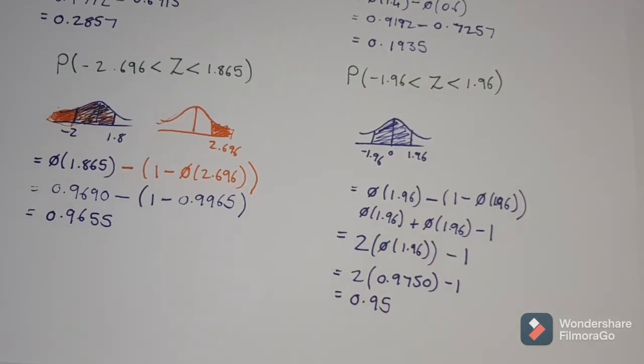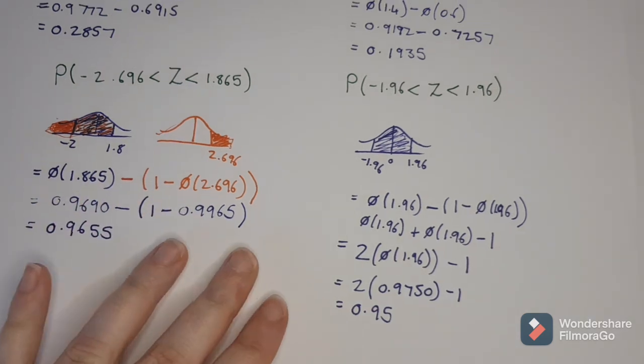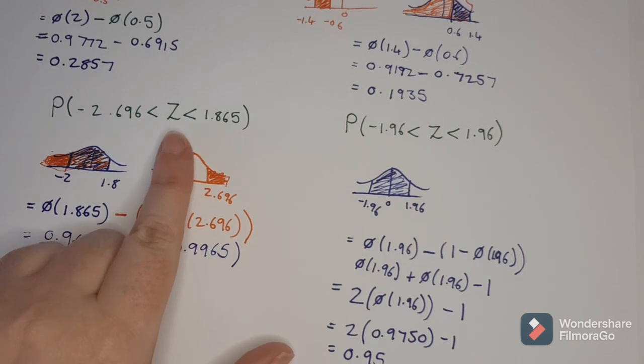Okay, so those are the kinds of graphs that you're going to be looking at and researching, to look it up on the table to find your probability value. But these were all when Z was already standard, because we look up Z on the table.